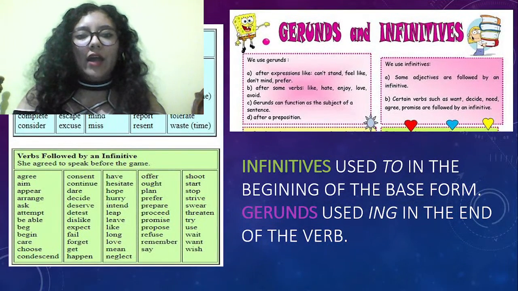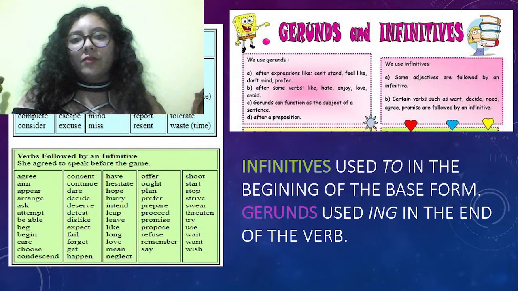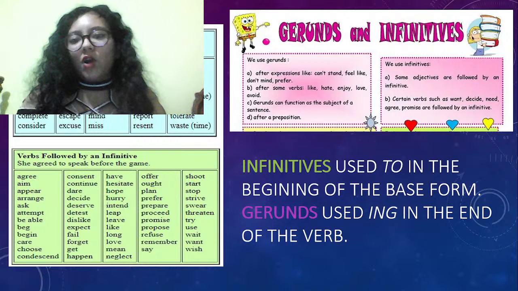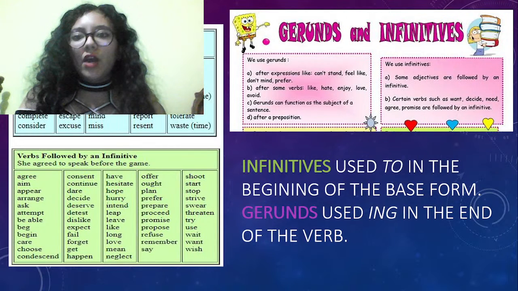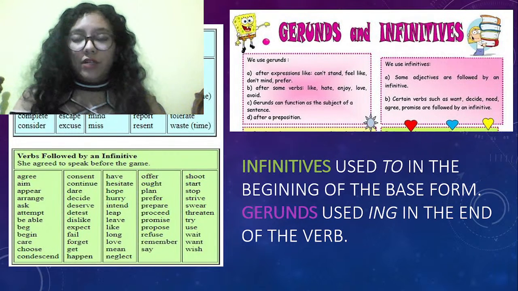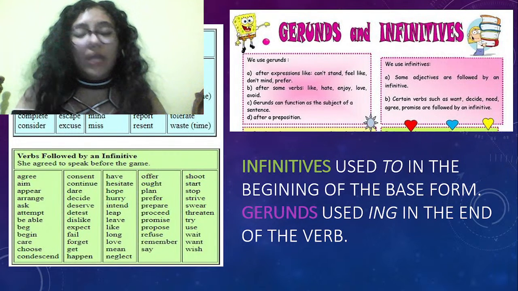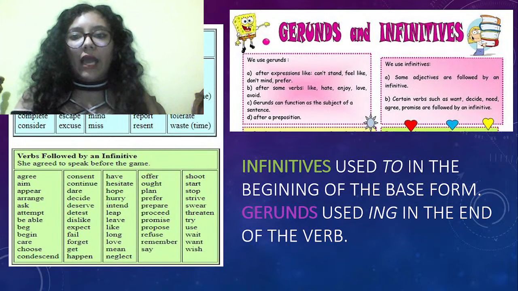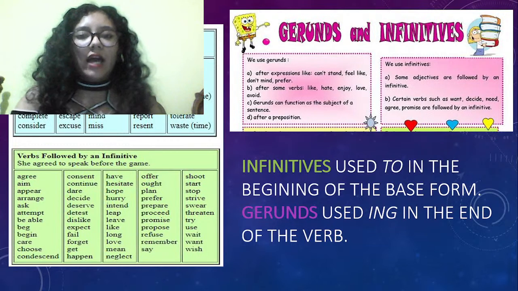Well, I start with some concepts or definitions of gerunds and infinitives. We use gerunds, letter A, after expressions or verbs like can't stand, feel like, don't mind, and prefer.